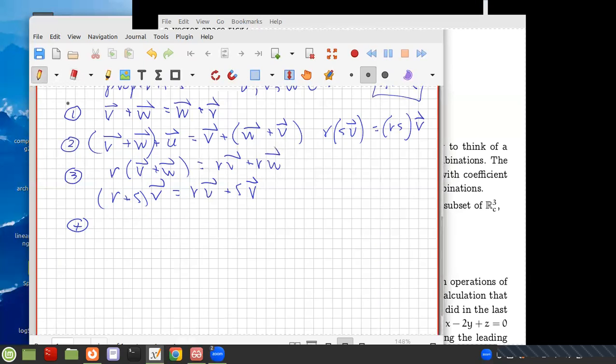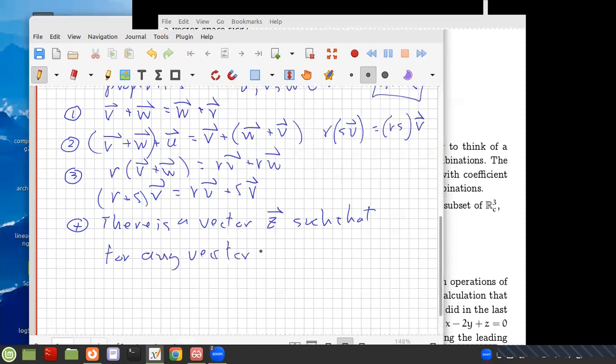I think there is a vector Z such that for any vector V, Z plus V. Oh, no, we're not going to call it Z. We're going to call it the zero vector.